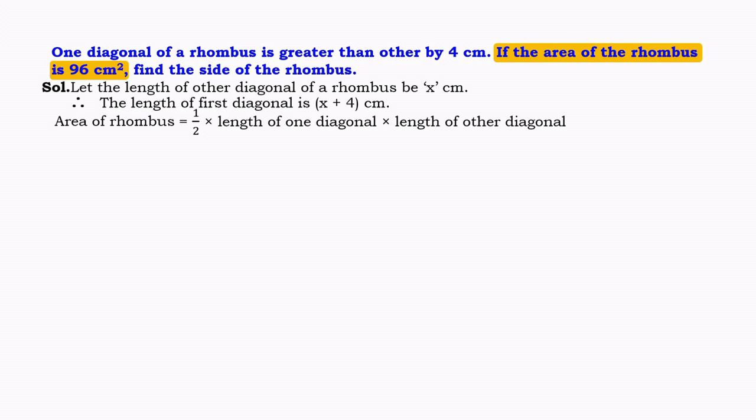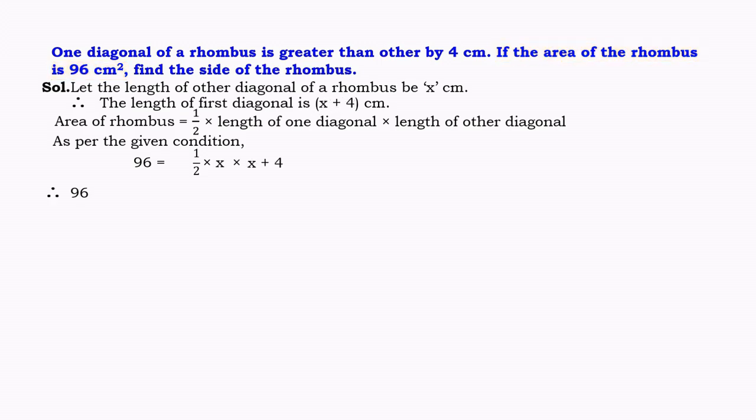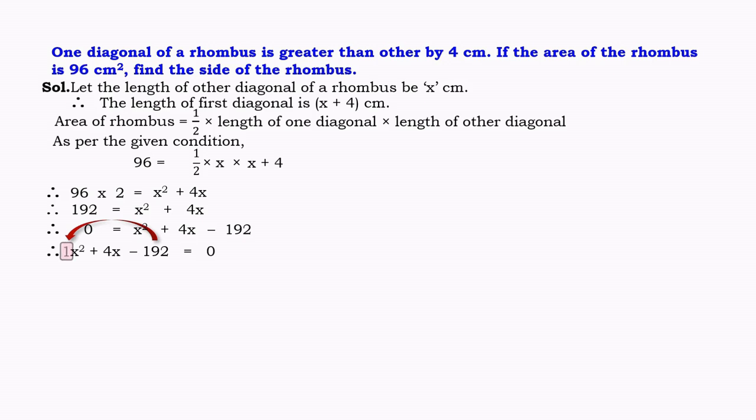Substituting the given values, 96 equals 1/2 multiplied by x(x + 4). Multiplying both sides by 2, we get 192 equals x squared plus 4x. Bringing all terms to one side, x squared plus 4x minus 192 equals 0. This is the quadratic equation that we need to solve.